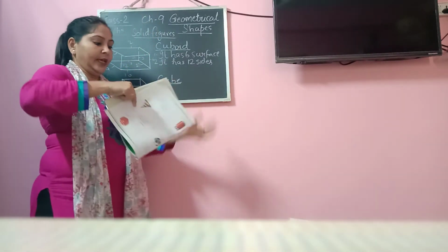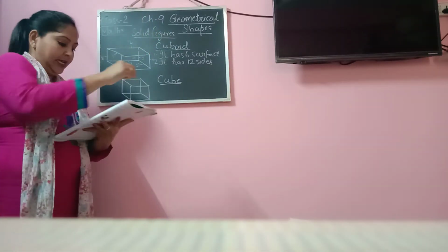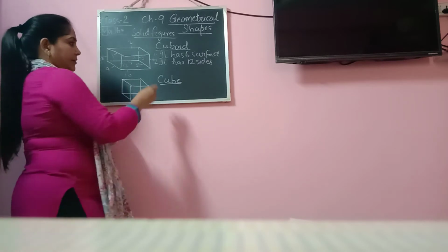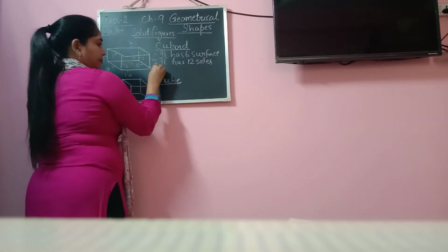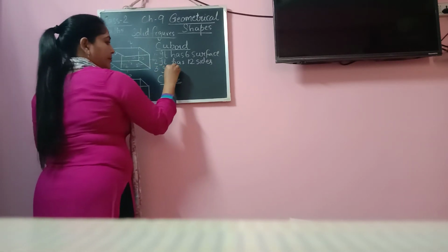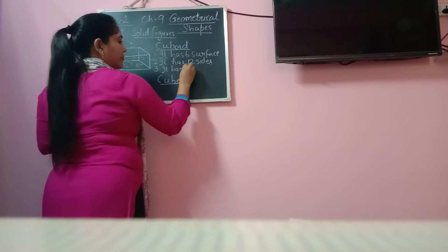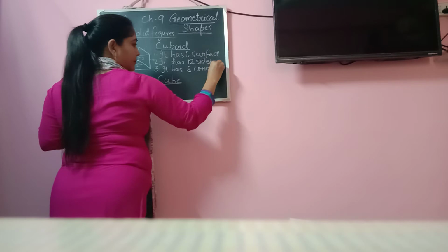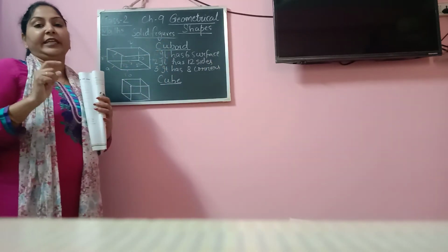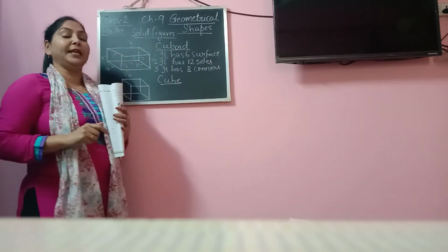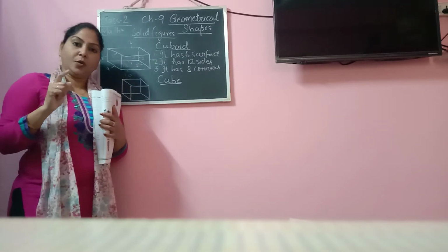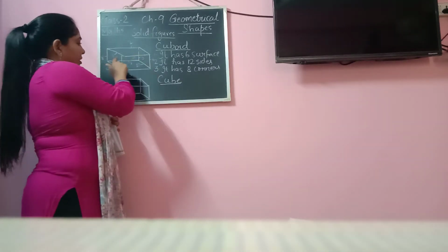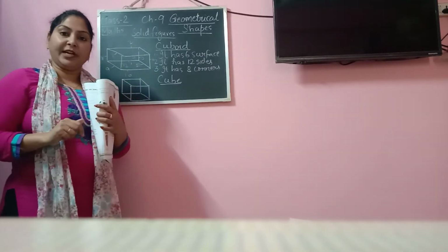You can see how many corners it has. It has 8 corners. And each face of a cuboid is made up of rectangular shape.